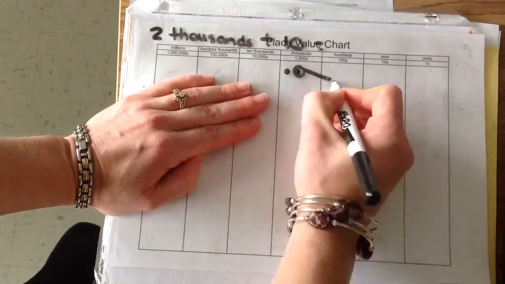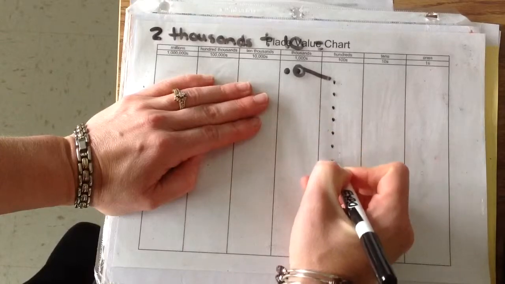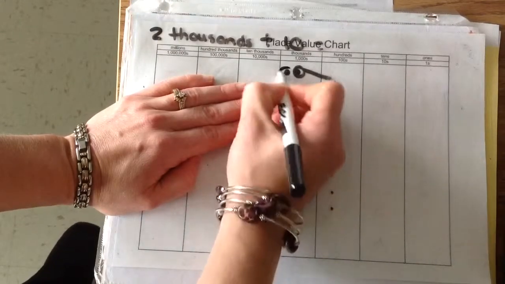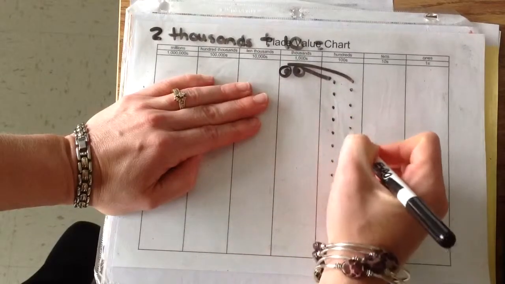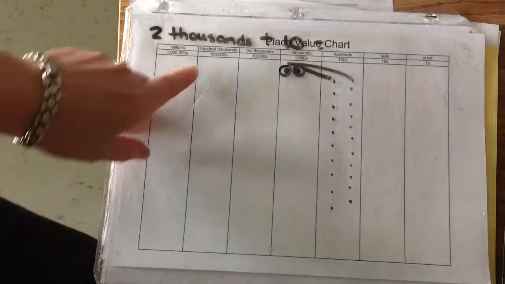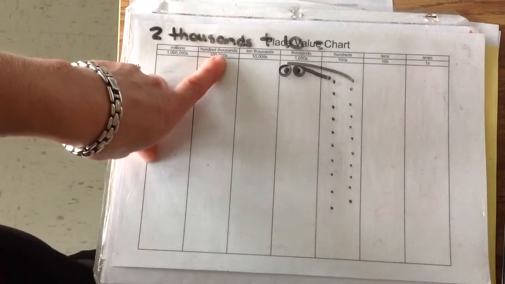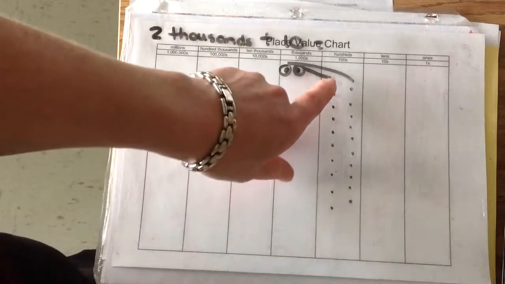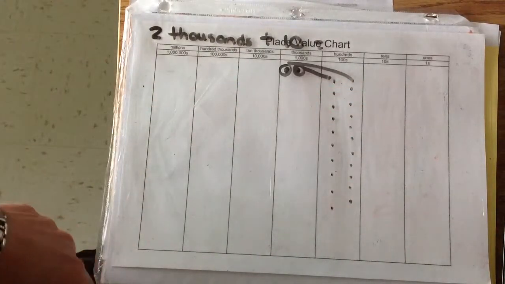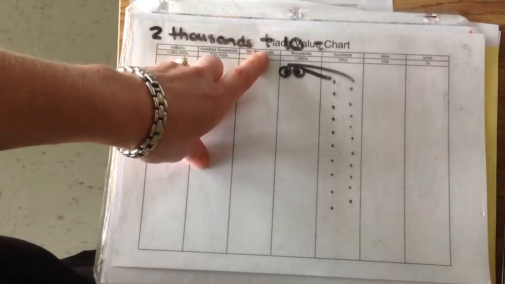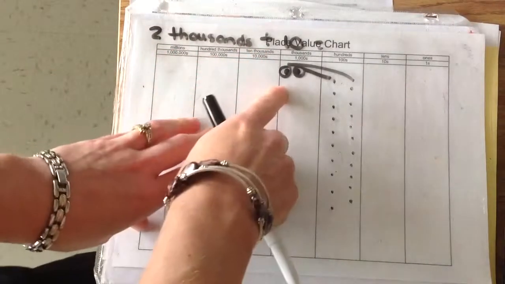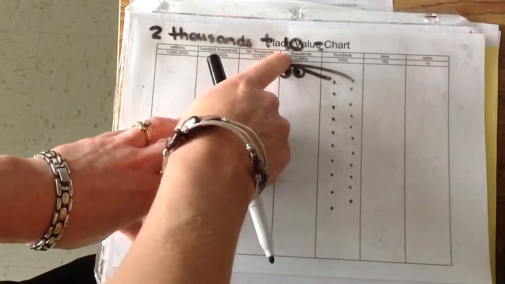So to go backwards, I have to make groups of 10. 1, 2, 3, 4, 5. 1, 2, 3, 4, 5, 6, 7, 8, 9, 10. So my 2,000s divide into 2 groupings of 10 in the hundreds. So now I can divide it by 10 because I had to unbundle before I can even divide.